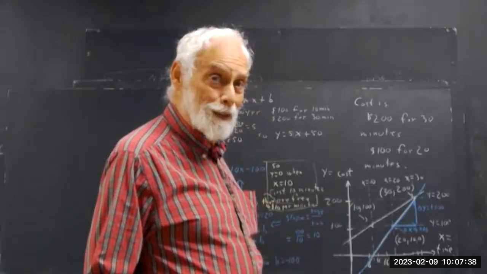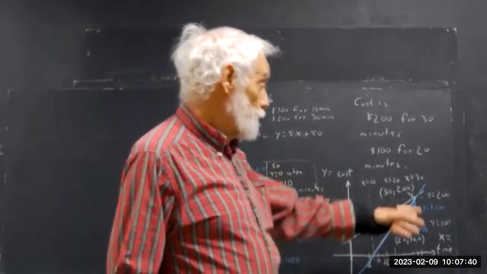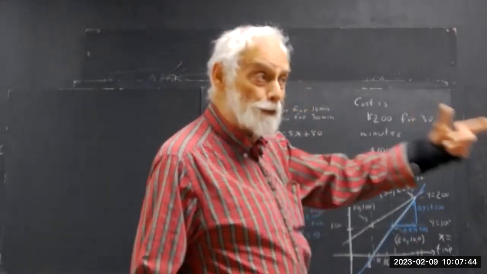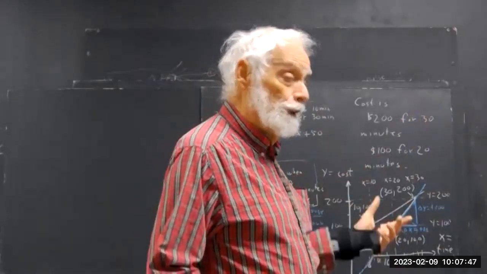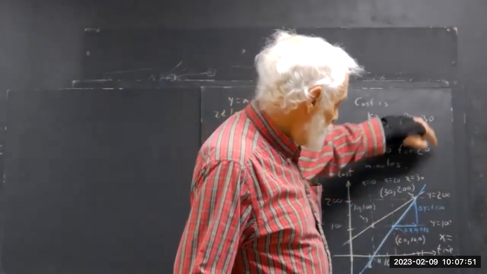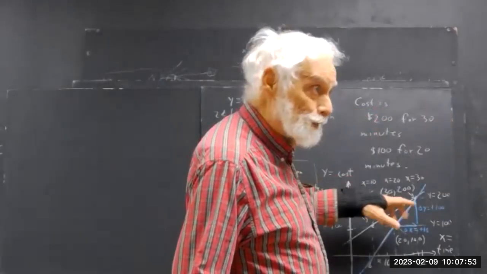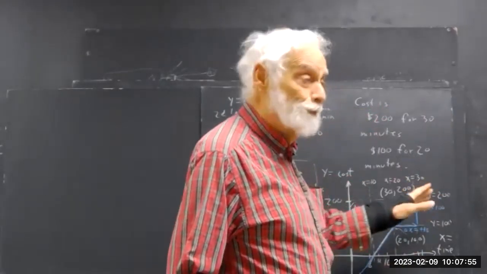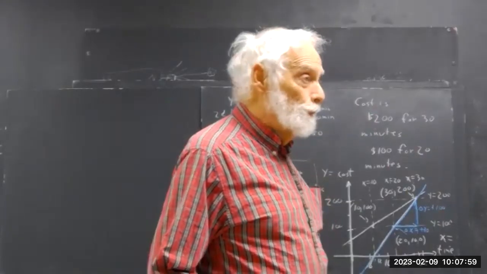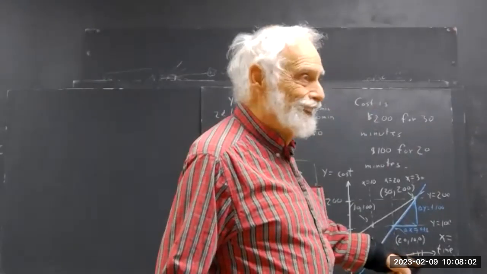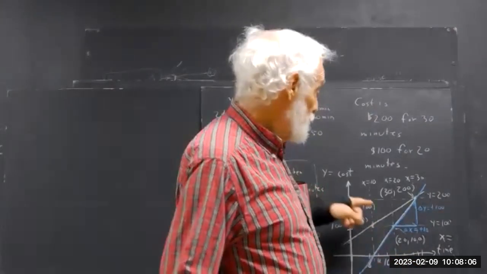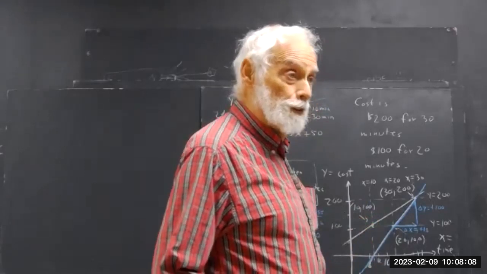But as soon as you get past 30 minutes, where these two lines intersect, as we pointed out earlier, after this, this lawyer is making more money than she is. Now, if nobody wants to stay 30 minutes, this lawyer is going to be losing money compared to this fee structure.